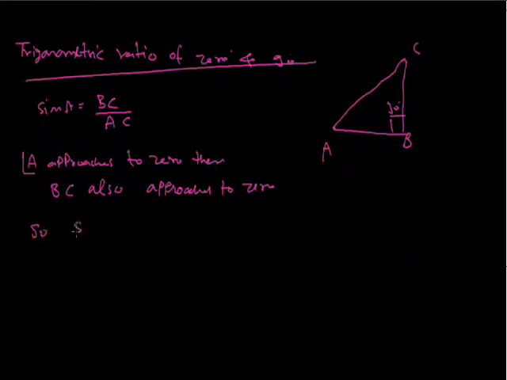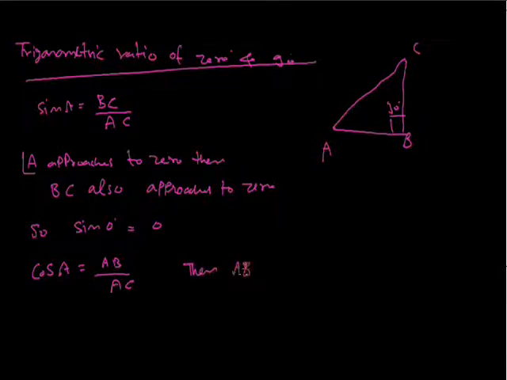So sine of 0 degree equals 0. Cos A equals AB by AC, and when angle A approaches 0, then AB becomes equal to AC. So cos 0 equals 1.